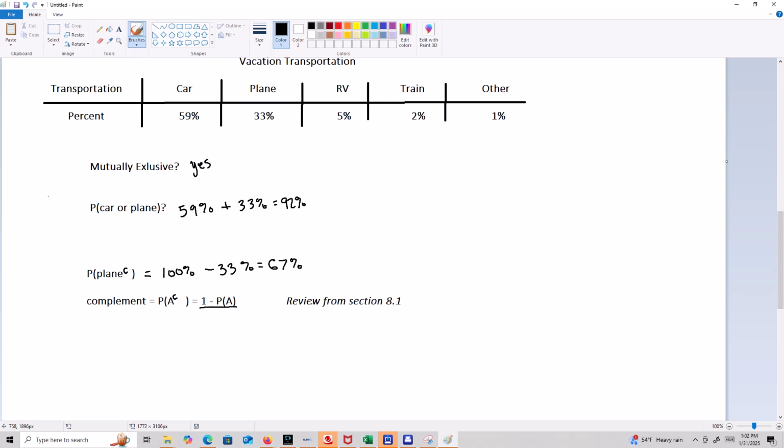But if the thought of subtraction horrifies you, you could also find the probability of the complement of the plane by adding up all the other probabilities. Quite honestly, I'm not positive that you'd read it that way, but I do know that we're talking about the complement.